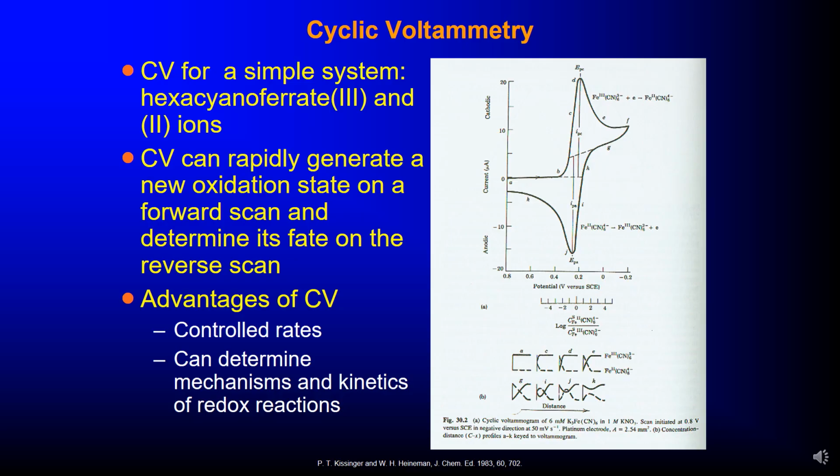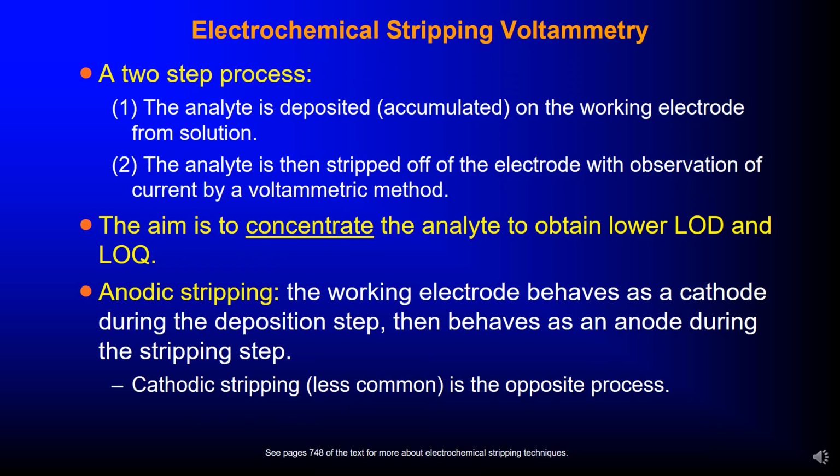Very important to note. So in the stripping step now, the potential is scanned anodically towards more positive potentials. When the potential of the working electrode is sufficiently positive, the analyte is stripped from the electrode, returning to solution as its oxidized form.